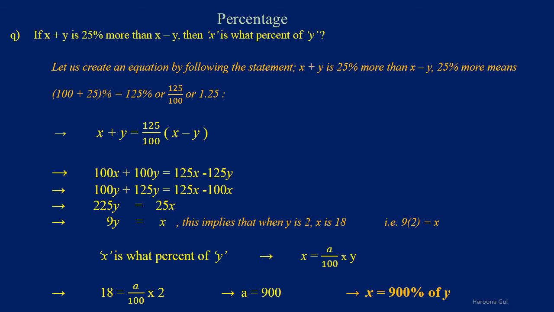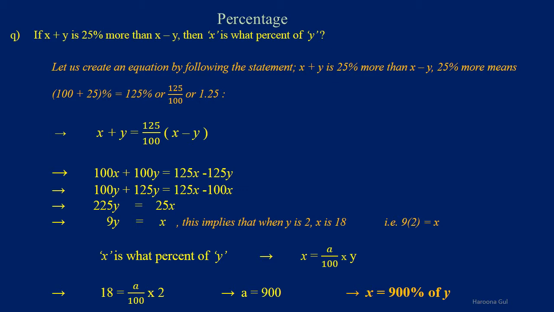So our first step should be to create an equation by following the statement, which is x plus y is 25% more than x minus y. So in equation form, it will be something like x plus y is equal to 125 by 100 into x minus y.